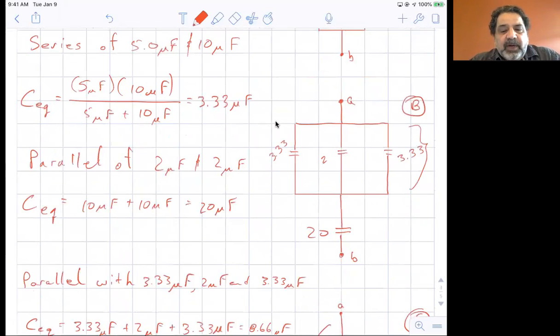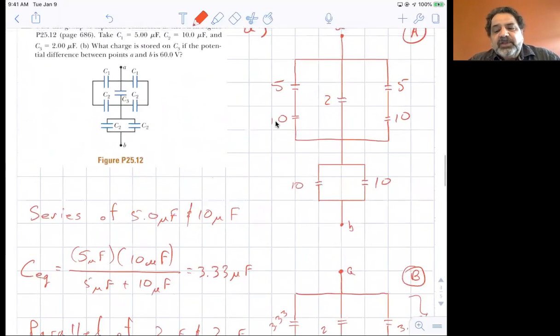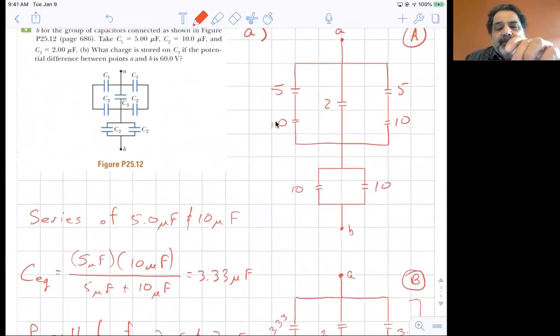I did say that whenever you have a series circuit, like we had the 5 and the 10, the equivalent capacitance for series is always less than the smallest value. Whenever you have parallel, it's always larger than the largest value.